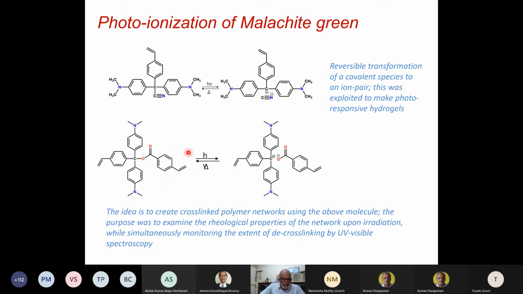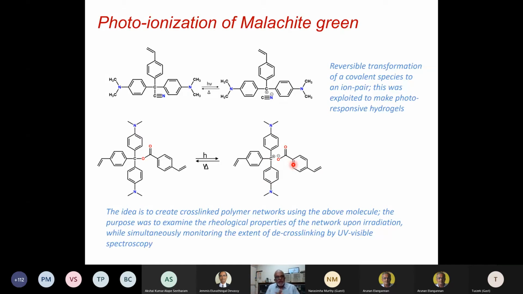Just to tell you, when you have a molecule that has two polymerizable units, two double bonds, it's a crosslinker, because when you polymerize, this forms a part of one backbone chain, and this can form a part of another chain, and therefore the entire polymer becomes a crosslinked network. So the idea is if you polymerize this or copolymerize this with monomer, this would become a crosslink junction, okay, which is holding the network in place. And if you shine light, of course, the crosslink will cleave and form an ion pair.